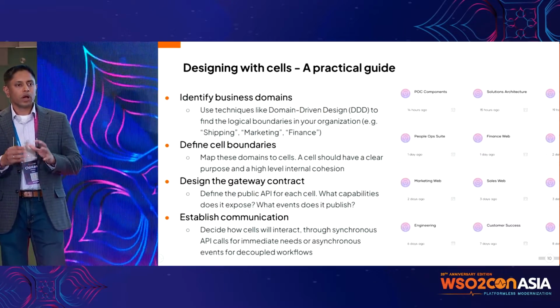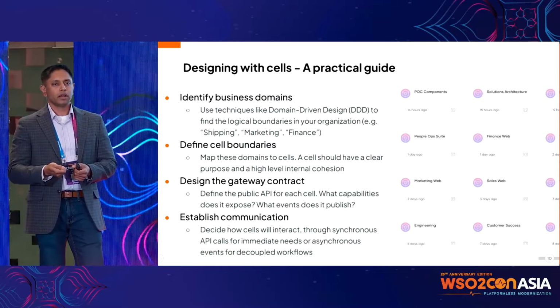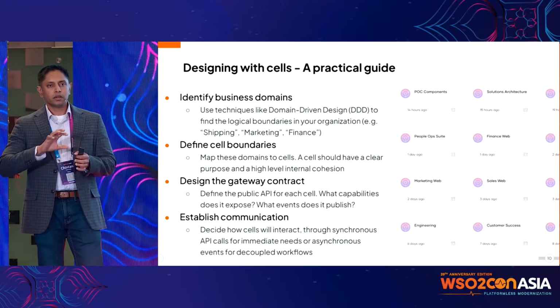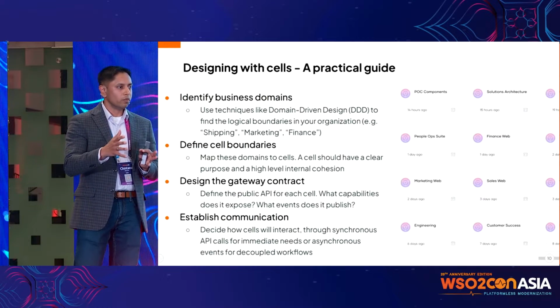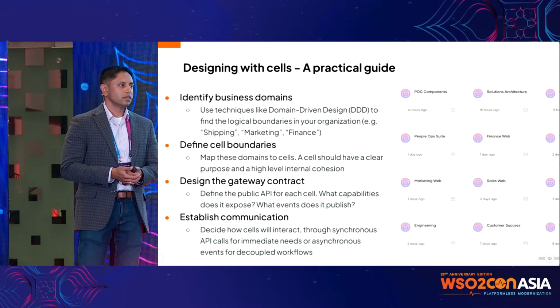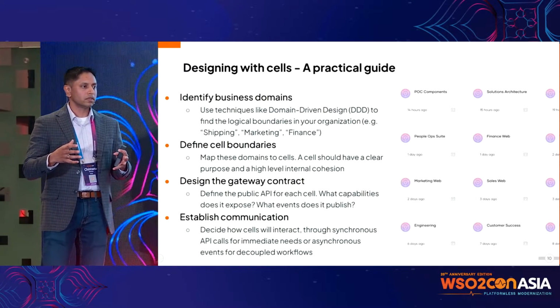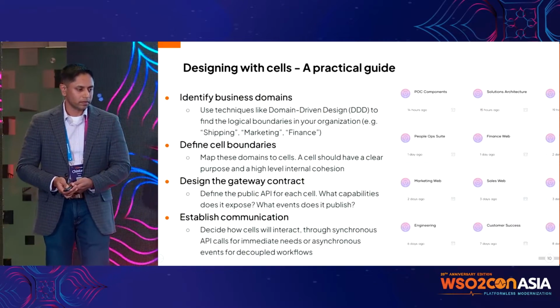And then once you identify that, you need to define what API contract you are exposing to outside cells. Here it says just a gateway contract. It's not a global API contract that is living in the cell gateway, but it can be a combination of microservices exposing a well-defined interface through the cell gateway.